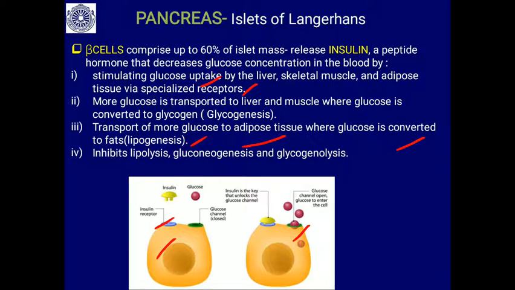All these processes are inhibited, thereby regulating the constant level of glucose in the blood. It is about 90 to 100 mg per 100 ml of blood.